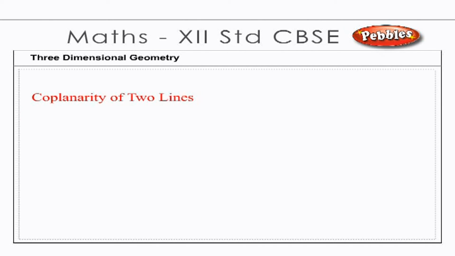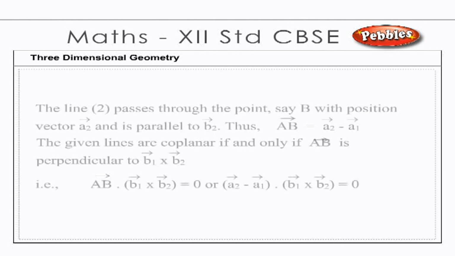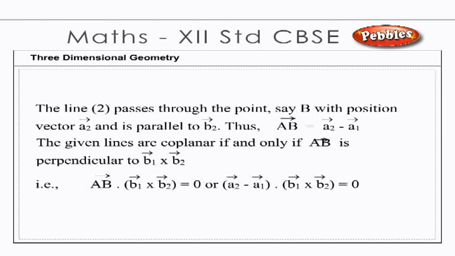Coplanarity of two lines. Let the given lines be as follows. Line 1 passes through the point, say A, with position vector A1 and is parallel to vector B1. Line 2 passes through the point, say B, with position vector A2 and is parallel to vector B2. Thus, vector AB = A2 - A1.